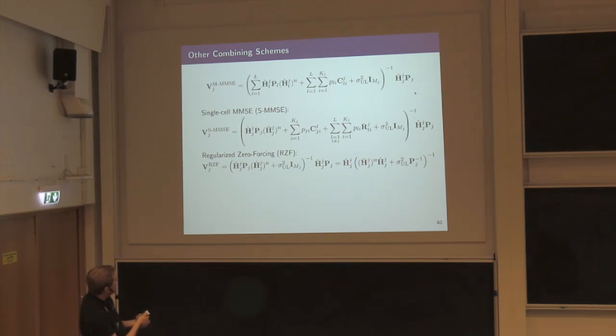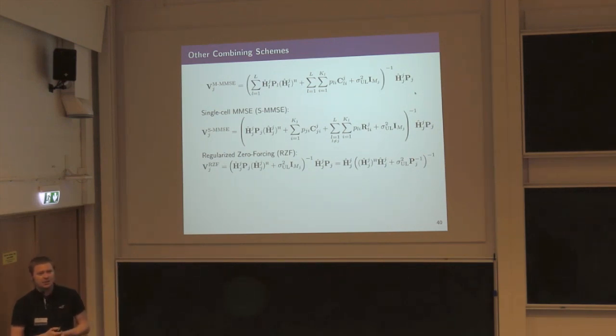I have the inner products in the other direction. And that means that now this matrix here, which was before an identity matrix with size MJ, now it is the inverse of this matrix with the powers of different users. So this is a KJ dimensional matrix.